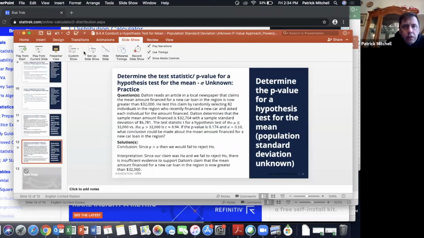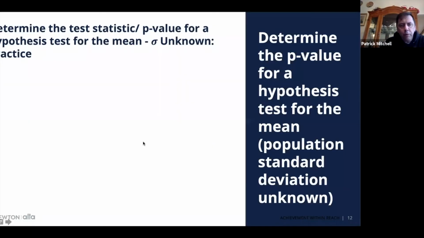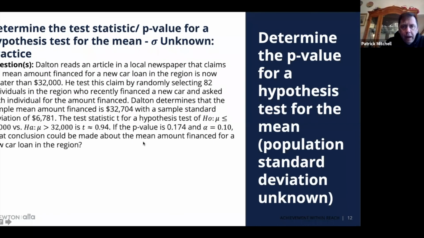All right, so since that p-value is 0.174 or 0.175, it doesn't matter, and the level of significance is 0.1, what conclusion could be made about the mean amount financed for a new car loan in the region? Well, this time p is high, and when p is high, the null will fly, right?